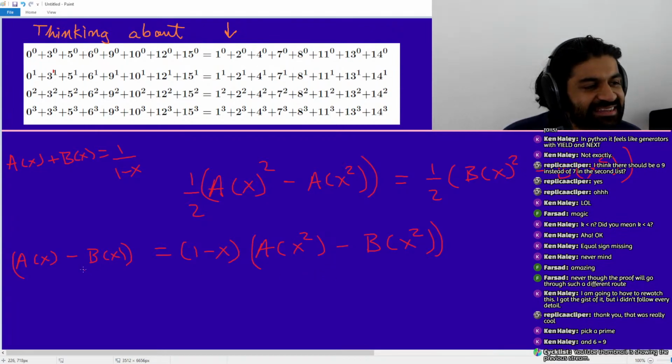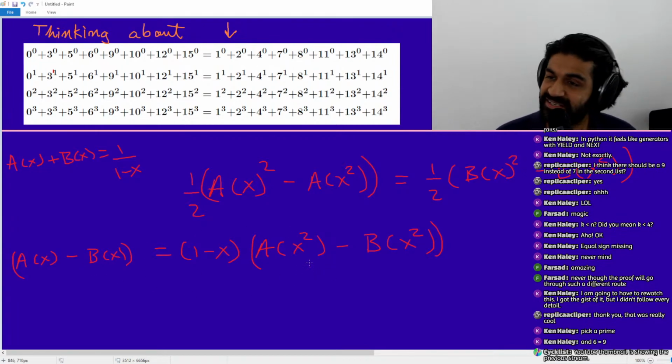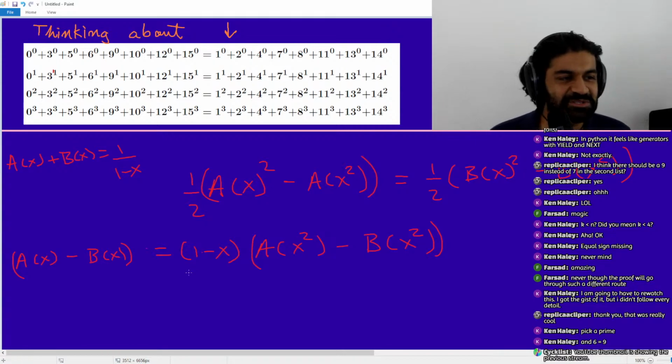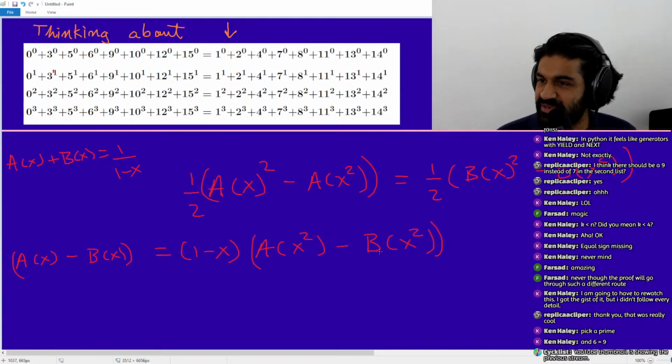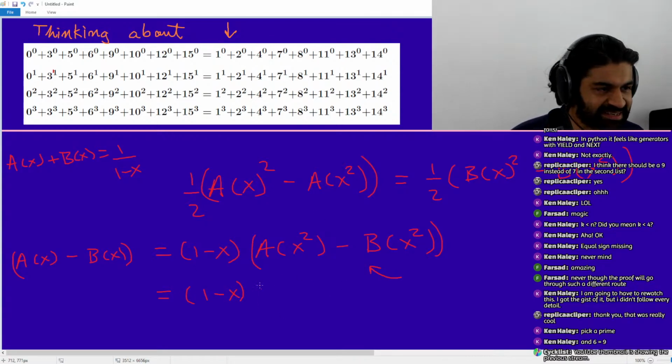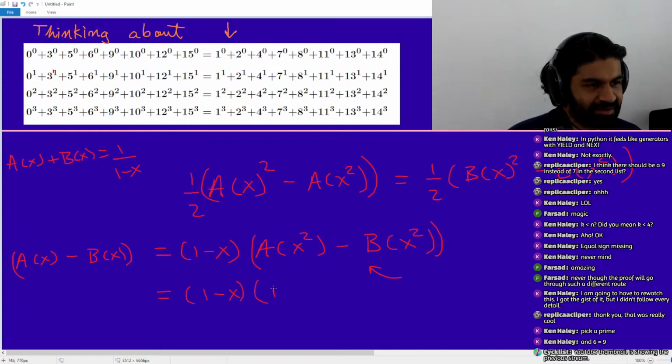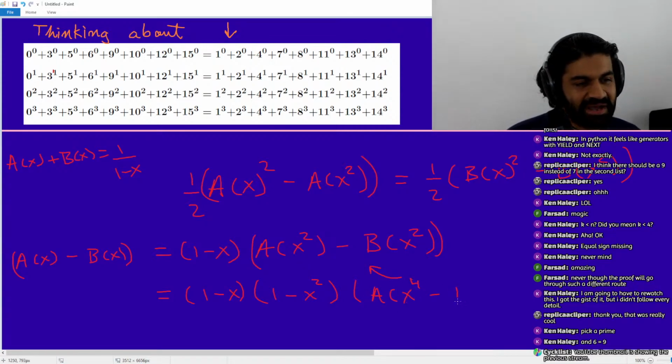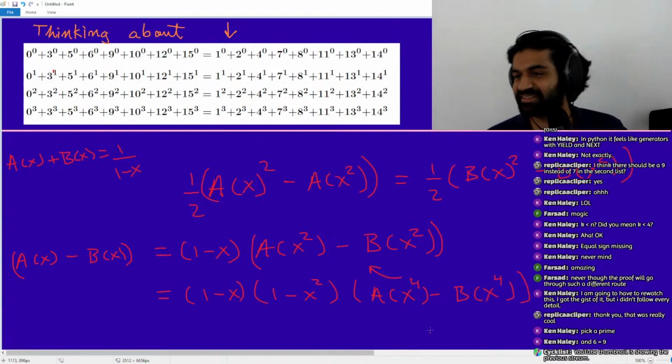But notice this identity is recursive. A(x) minus B(x) equals (1 minus x) times (A(x squared) minus B(x squared)) works no matter what x is. So I can use this identity again over here. So this becomes (1 minus x)(1 minus x squared) times (A(x to the fourth) minus B(x to the fourth)).